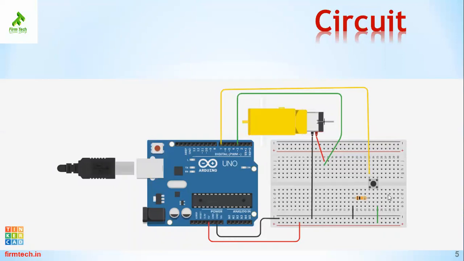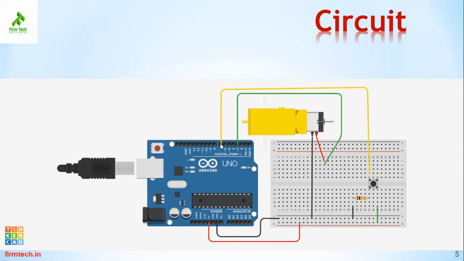This is the ground rail, and the input side is pulled down to 0 by using a 10 kilo ohm resistor. And the output side is connected to the 7th pin of the Arduino.